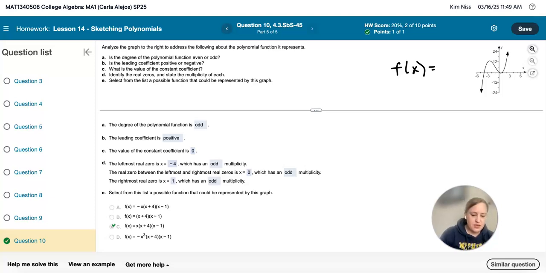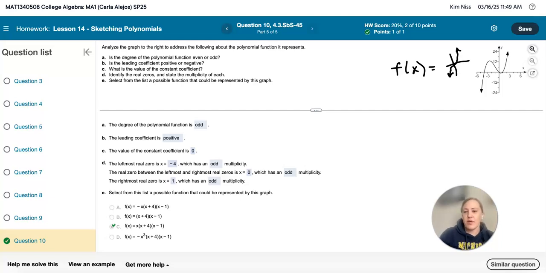Let me just make sure. Yeah, the known basic graph for that looks like this, whereas this one's a little bit different.